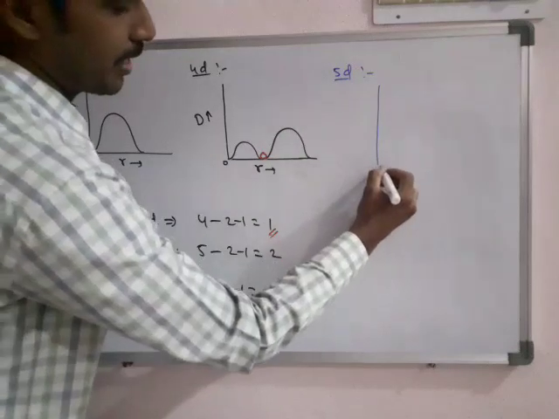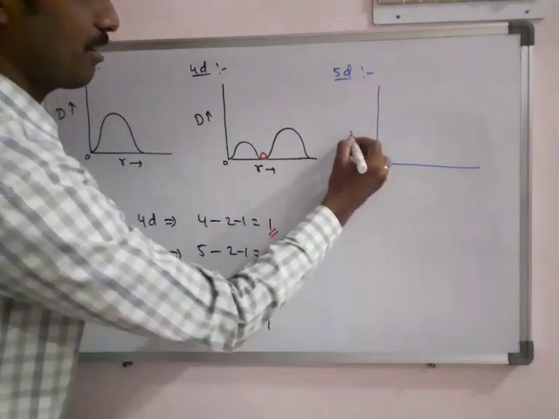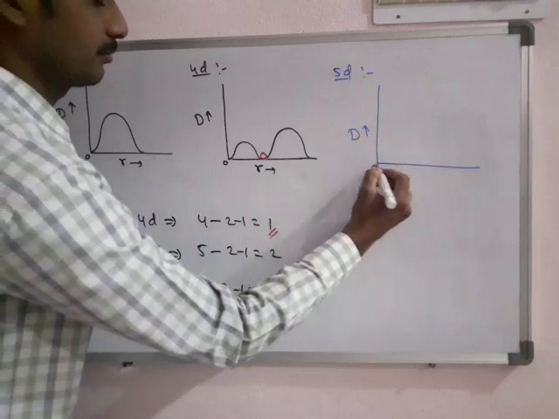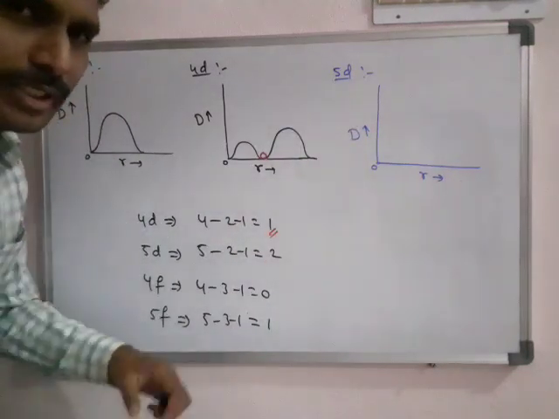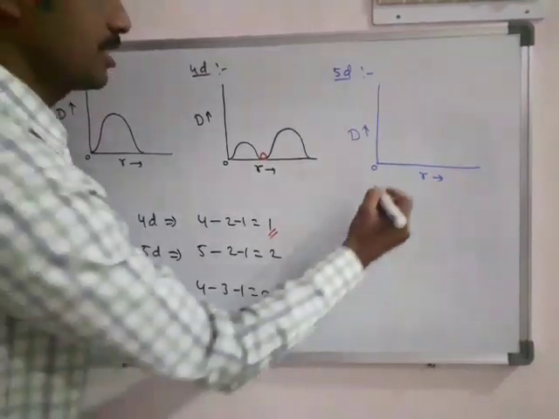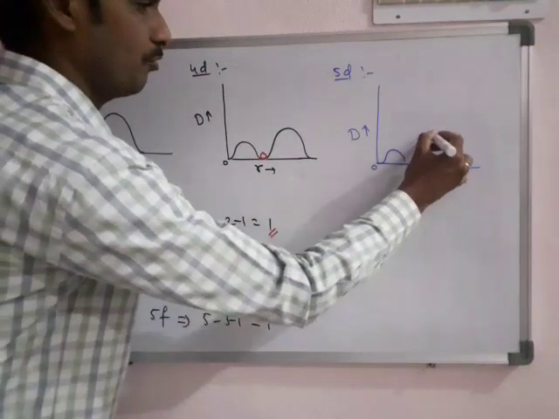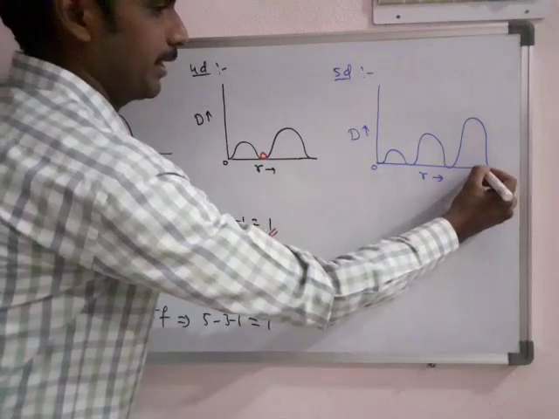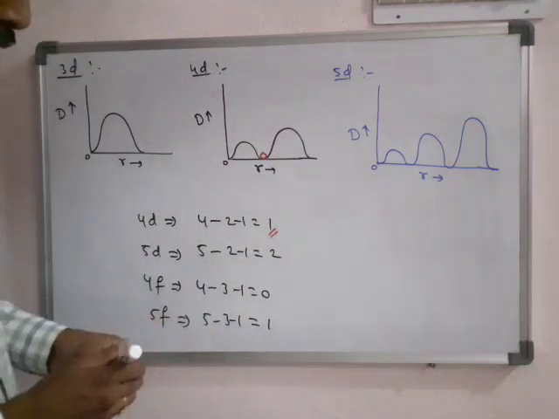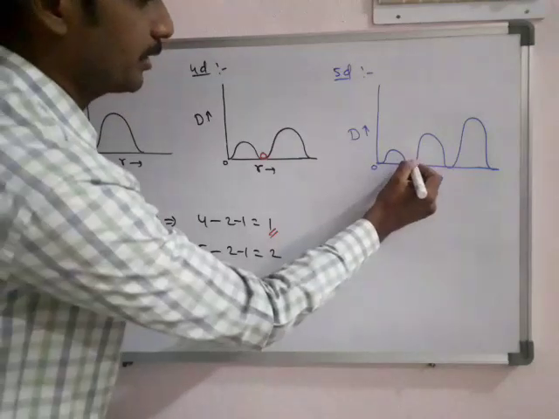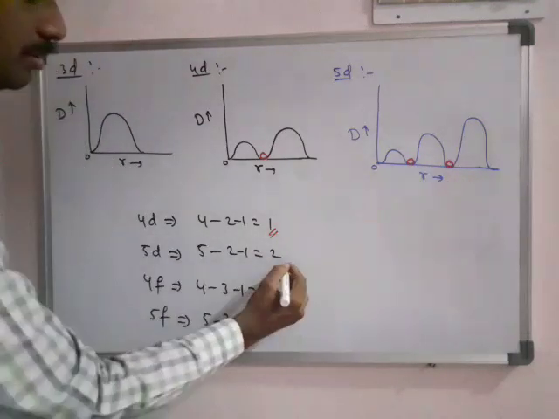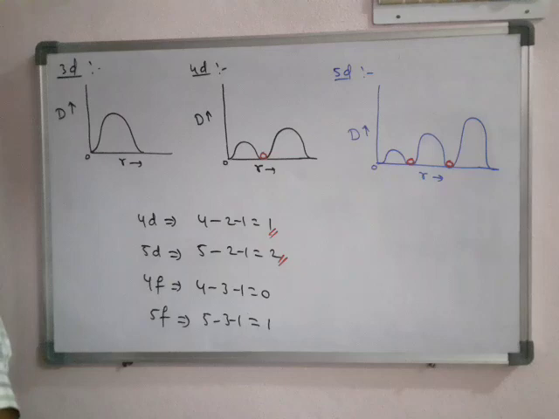Giving more examples just to understand perfectly. In 5d, what comes before: 3d, 4d, 5d. How many spherical nodes are there? 2 nodes.